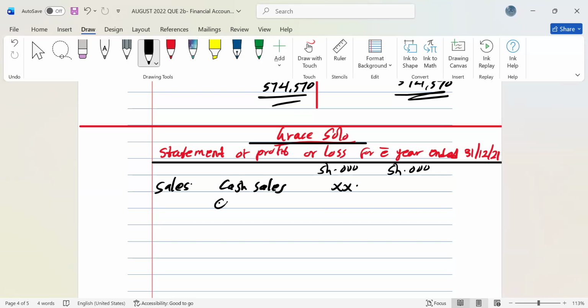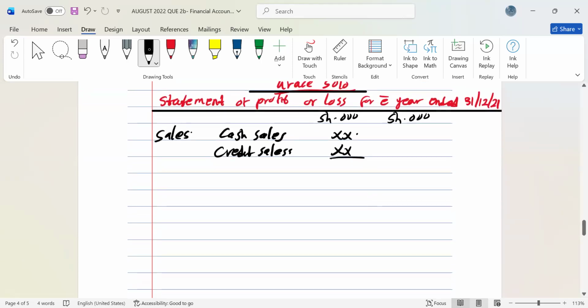Then we can have credit sales, which we will denote with XX again. So once you have that, if we add, we are going to get what we call net sales.